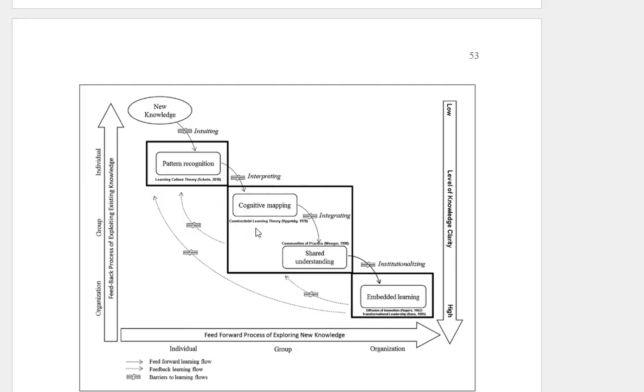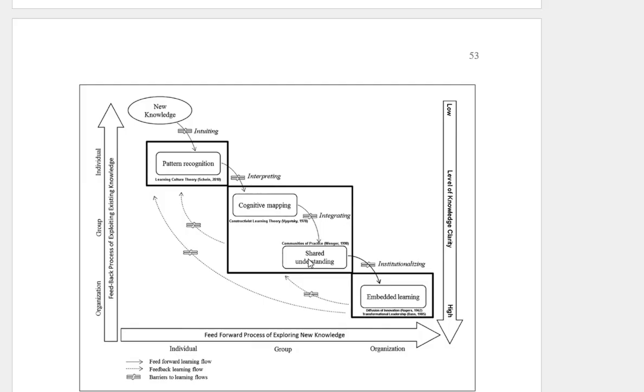Then we have to interpret. So tell us what's going on, and then cognitive mapping, which involves cognitive mapping and shared understanding, and describe that. Then say that could also lead back to pattern recognition, a loop there.